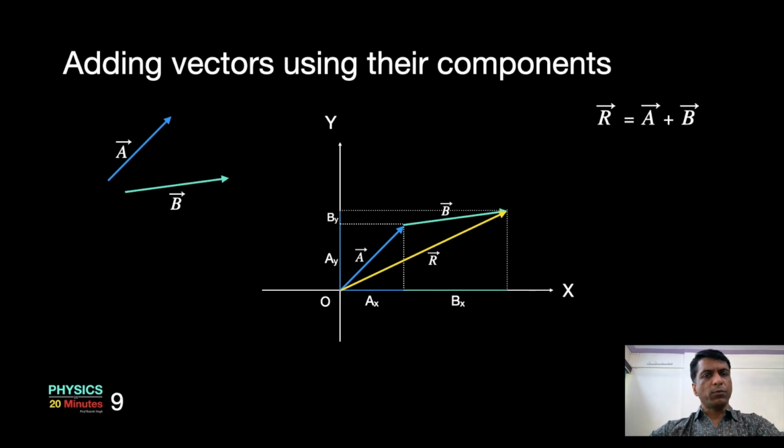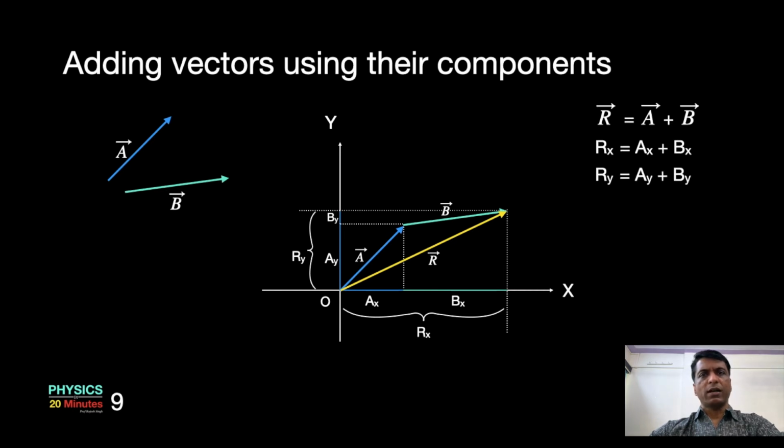Now, what are the components of vector R? You will see that x component of vector R will be same as sum of x component of vector A and x component of vector B. Therefore, Rx can be written as Ax plus Bx. In a very similar way, y component of vector R can be written as Ay plus By.